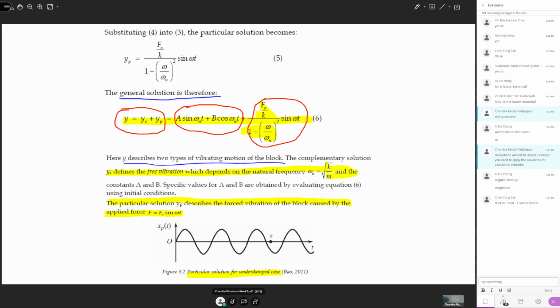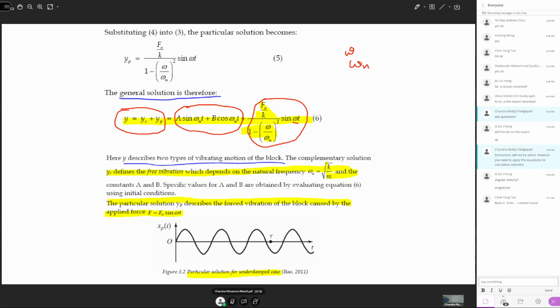So F naught is the magnitude of the force. Omega here is the force frequency, so you don't get confused. Now we are dealing with omega. This is always the external frequency, the force frequency. Omega n is the natural frequency.